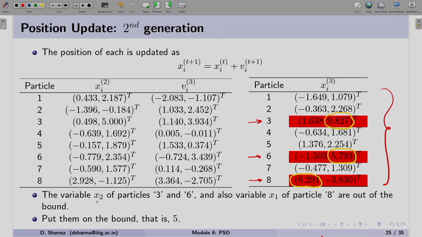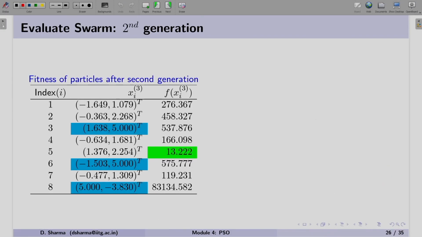As you can see at the bottom, variable x2 of particles 3 and 6 and variable x1 of particle 8 are out of the bound. So, we have to put them on the bound, that is 5, as per the question given. Now, the blue rows corresponding to particles 3, 6 and 8 are changed. As you can see, we have written 5 because they were out of the bound.